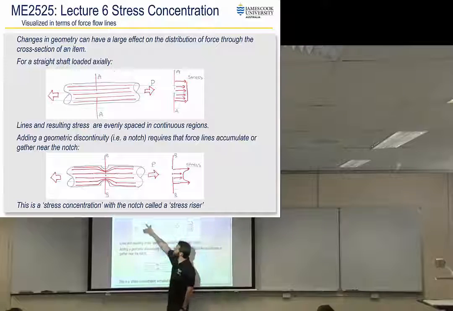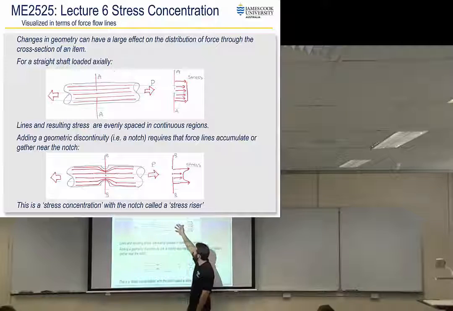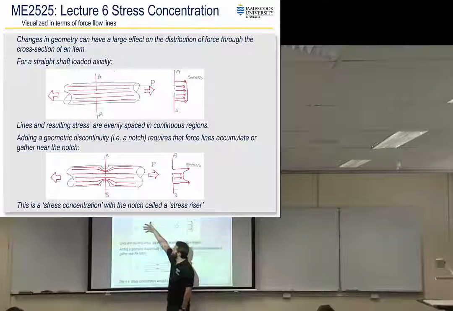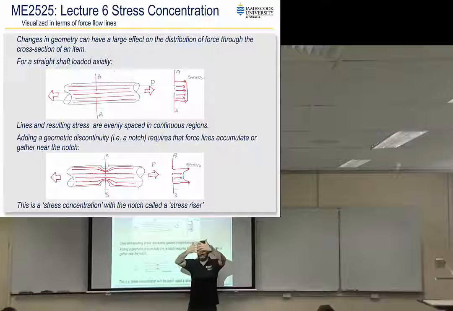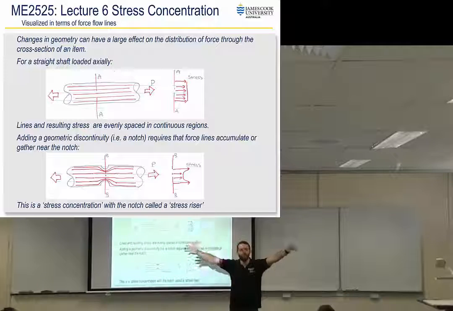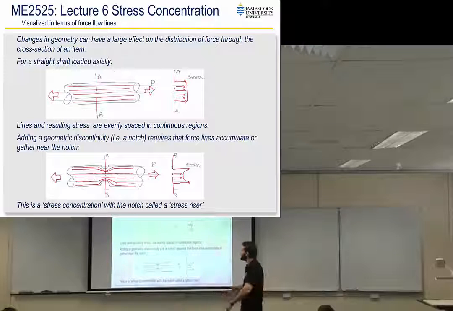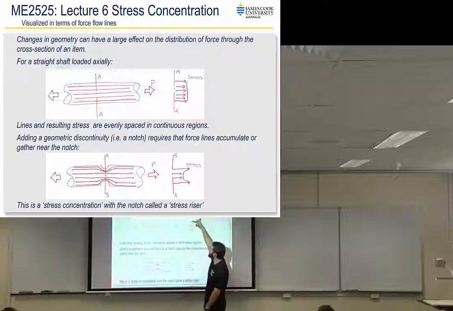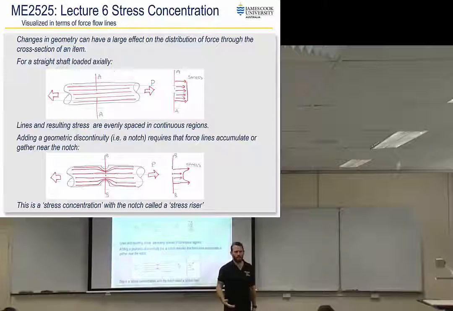If we have a nice straight section with an axial load, each atom carries that load evenly and passes it on to the next one, and you've got flow lines of that force that are nice, straight, evenly distributed lines, ideally. And so the result of that is a stress profile that has a nice, straight face like that.